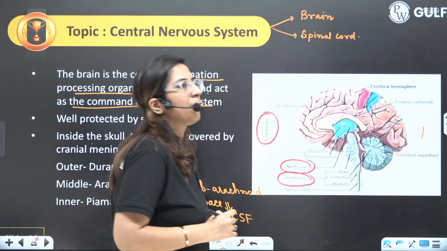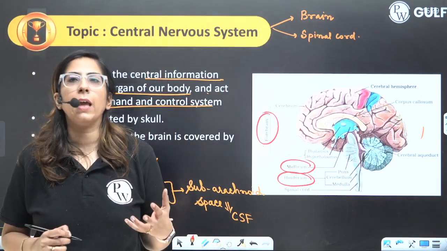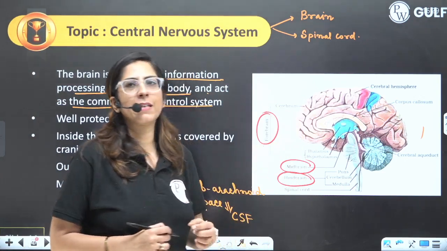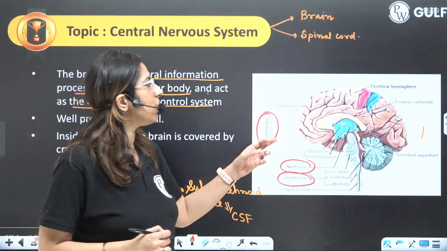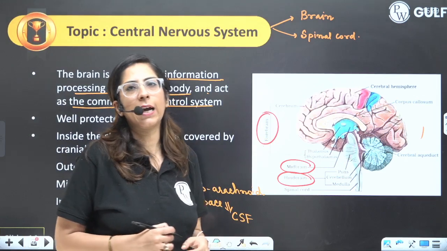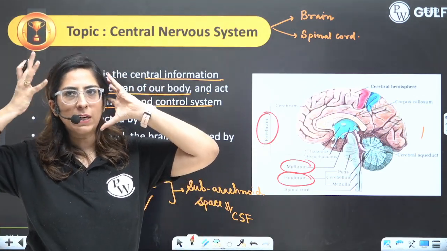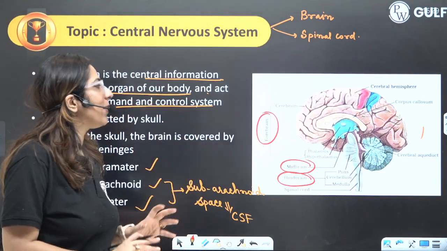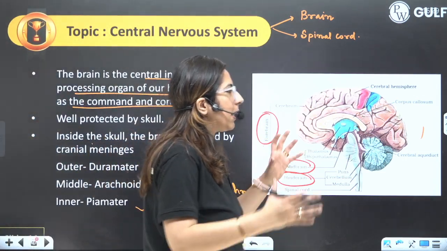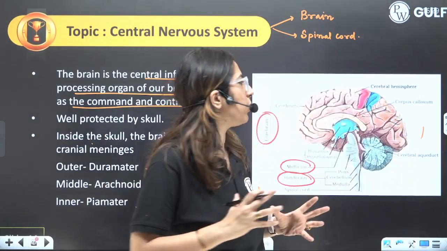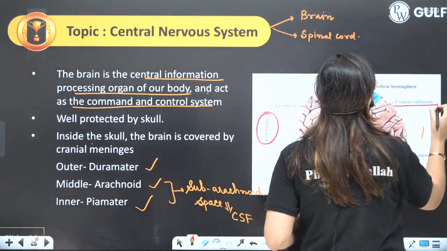Now the forebrain has further different parts. In the forebrain, the major area is occupied by the cerebrum, where the folds are present, the gyri and the sulci. We have two cerebral hemispheres, the right cerebral hemisphere and the left cerebral hemisphere. And these cerebral hemispheres are connected by a tuft of neurons, and that tuft of neurons is termed as the corpus callosum, right?